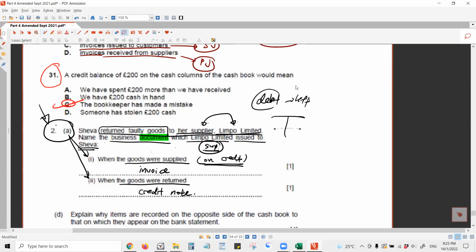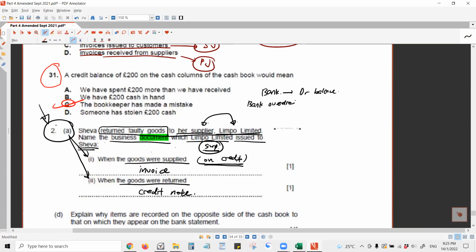I've never seen students answering this correctly so far. Now let me explain why it is C. For a bank account, when you have money, it's a debit balance, right? And when your bank becomes a negative number, that means you don't have money in the bank.